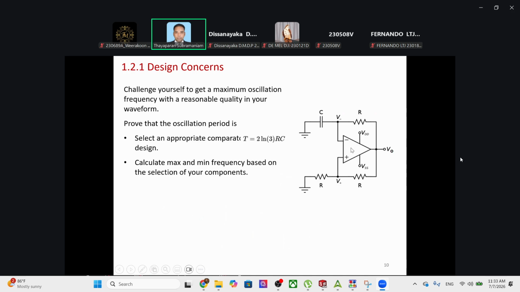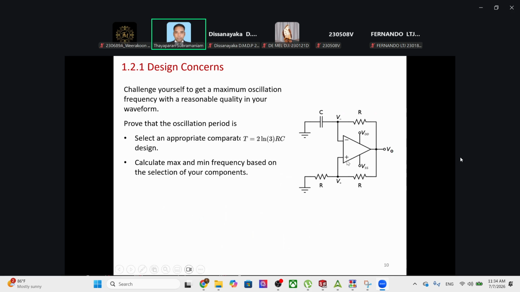If you break down the comparator, you will have one block, one operational amplifier as well as one potential divider, two resistances in series. Therefore, you break down block by block and try to analyze the effect.